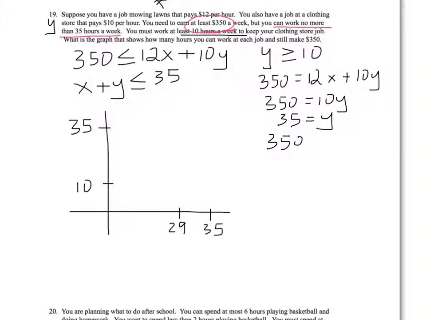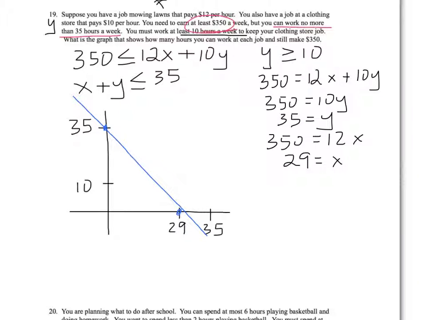Then I'm going to plug in 0 for Y, divide each side here by 12, and I get that the X-intercept is going to be 29. Alright, so I graphed that one in blue, so from 29 to 35, and I'm going to get that line there.